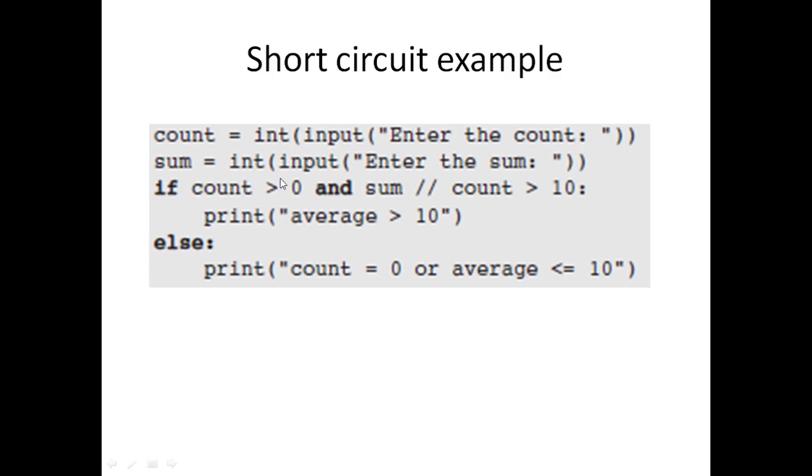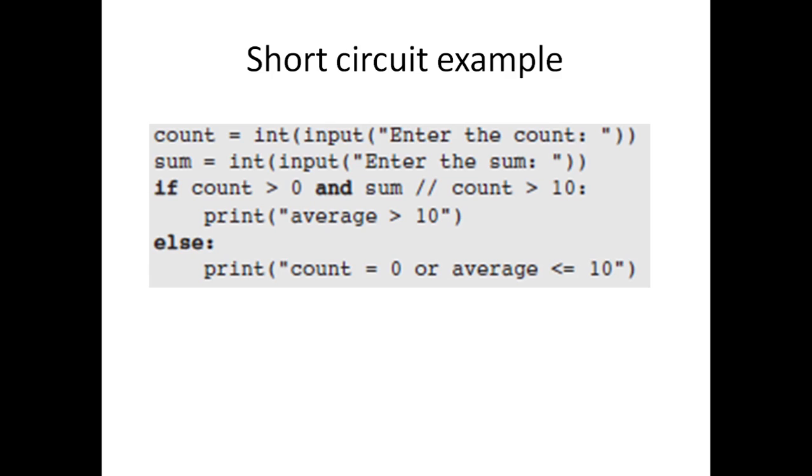Here short circuit evaluation is necessary, because imagine that we enter zero for count. If there were no short circuit evaluation, it would also execute the part with the quotient of count, that is, sum divided by zero would occur, which would cause an error.